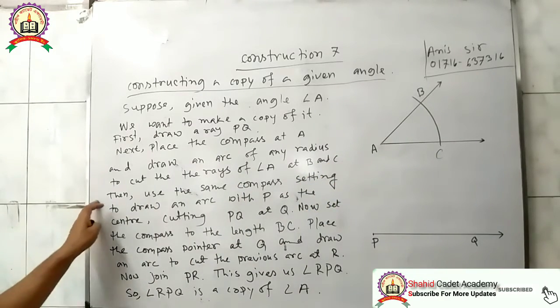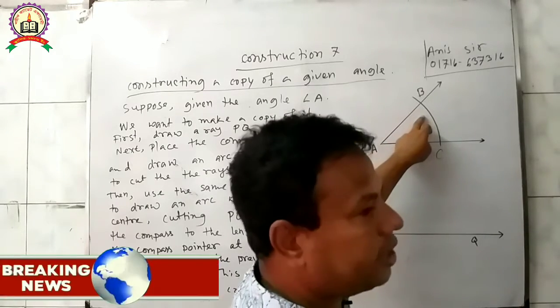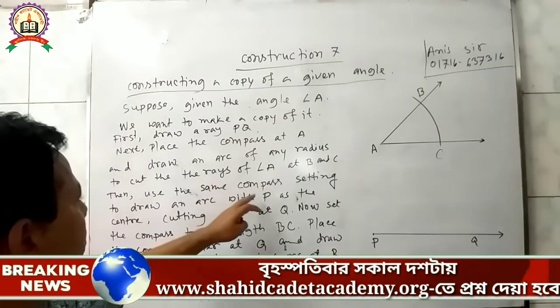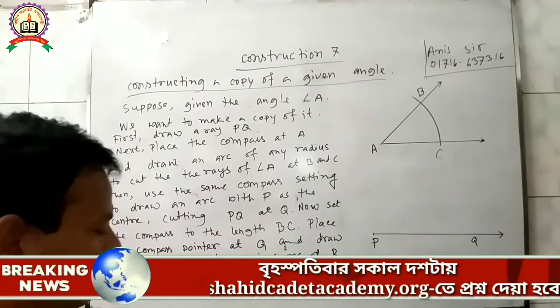Then use the same compass setting, that means this same setting, to draw an arc with P as the center.